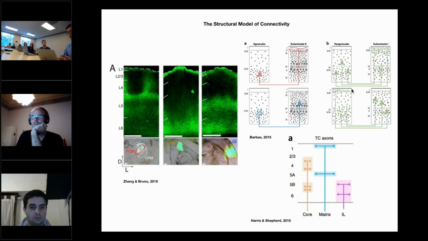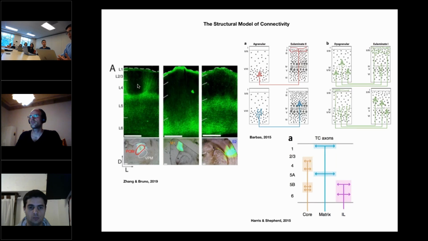And then S2 would follow this pattern, right? This granular or less granular to more granular. So S1 to S2 would follow this. It would be distributed in layer 1, which you do see, and some in 4 and 5. But here it's mainly 5, and then a little bit of 6. So the palm here is here.